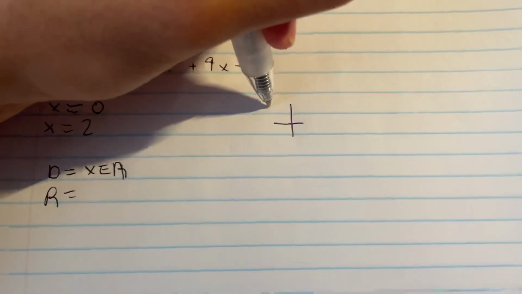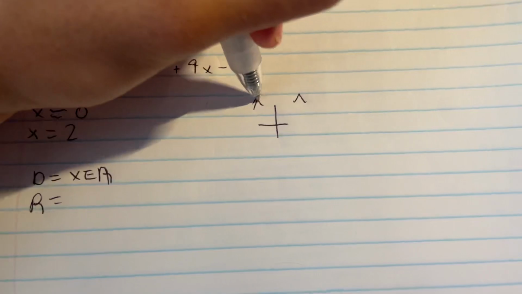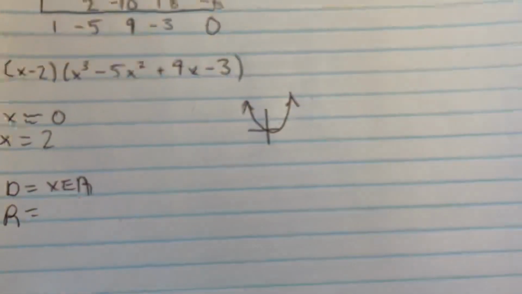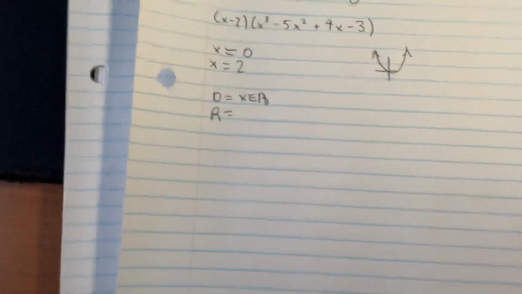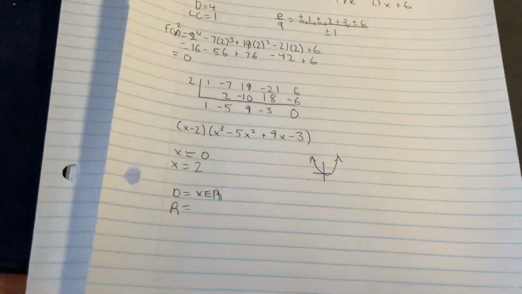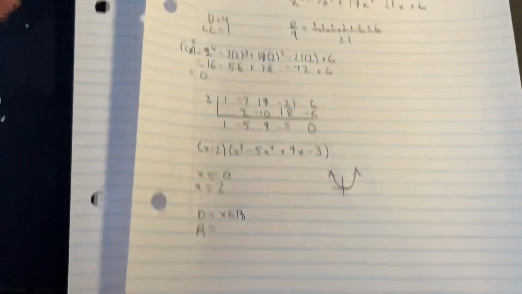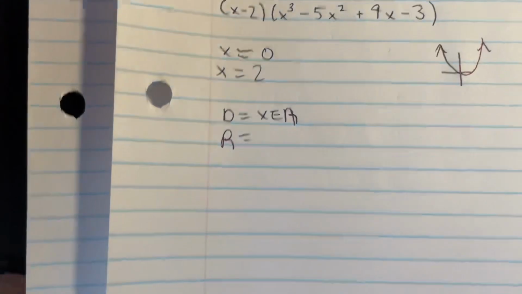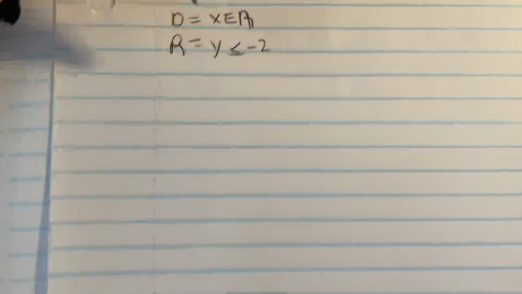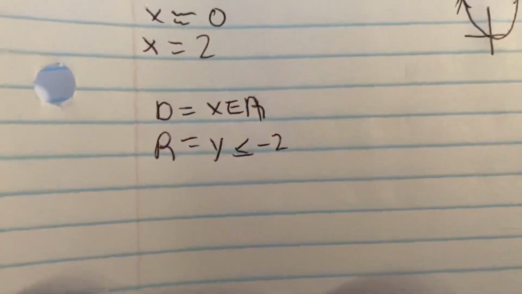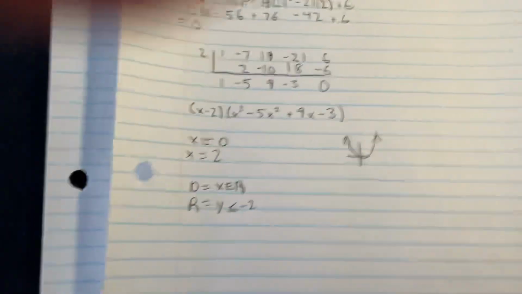It'll always look something like that. The range is y is greater than or equal to negative 2.